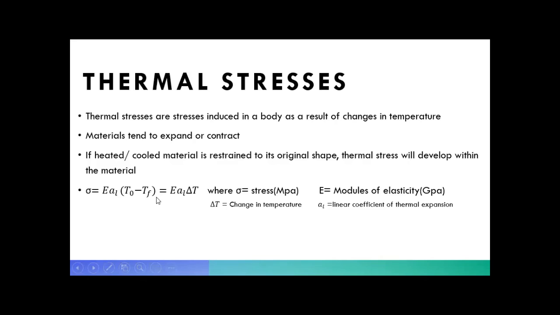The engineering stress is equal to E, the modulus of elasticity or Young's modulus, times alpha L, the linear coefficient of thermal expansion, times delta T, which is just the change in temperature. So when you have your modulus of elasticity, your thermal expansion coefficient, and the change in temperature, you can compute your stress.